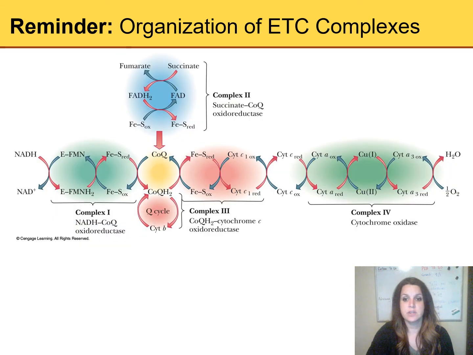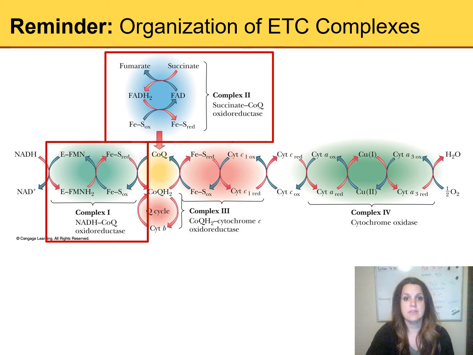Let's look at this figure to see if it also helps you understand the process a little bit better. What we see is that NADH donates electrons to complex 1, and that we see also that succinate donates electrons to complex 2.